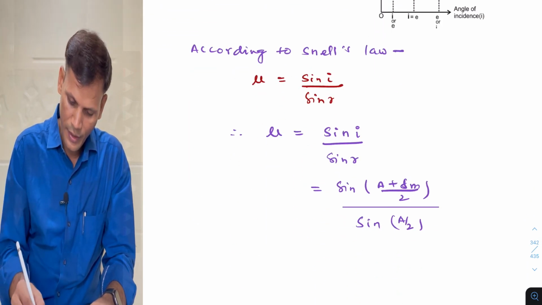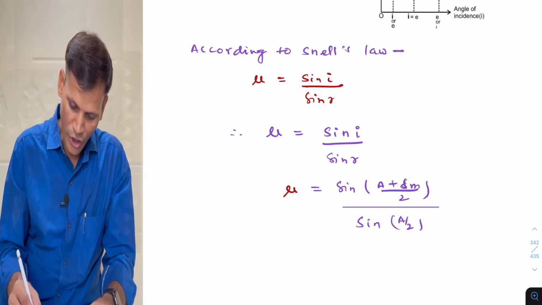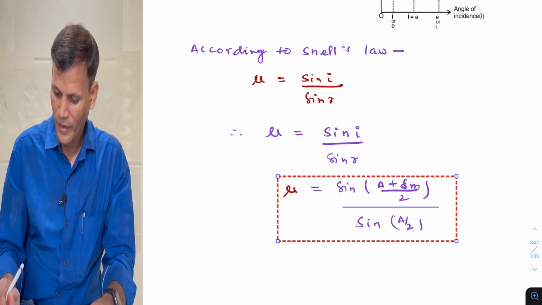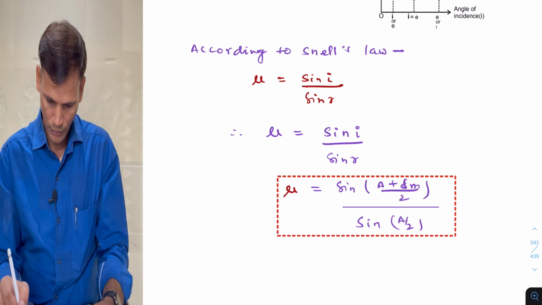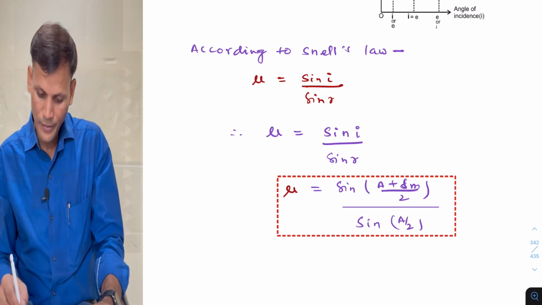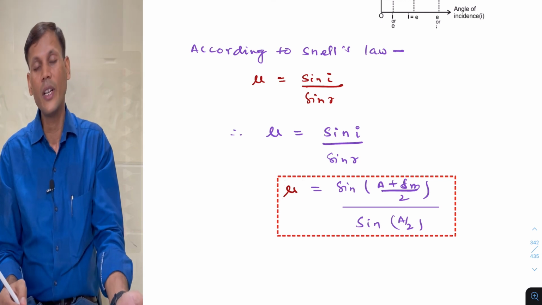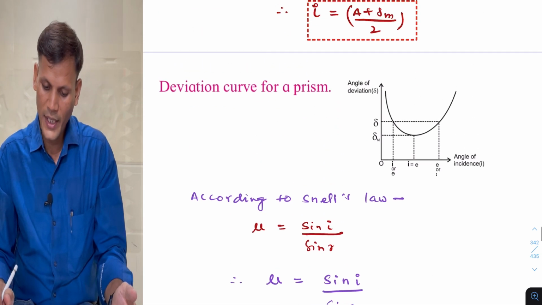So we are getting mu is equal to sin of A plus delta M by 2 upon sin of A by 2. This is the prism formula, and by the prism formula, what is mu? Already I mentioned, it is the refractive index of the prism, which is to be finally calculated.